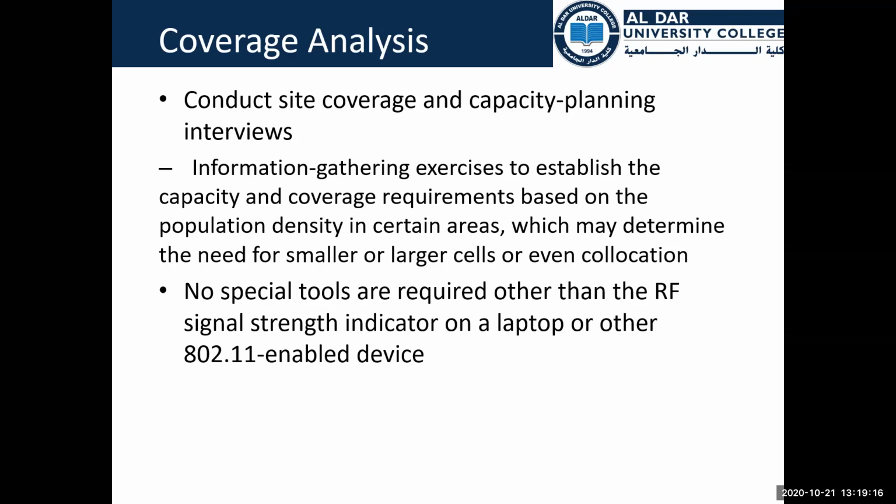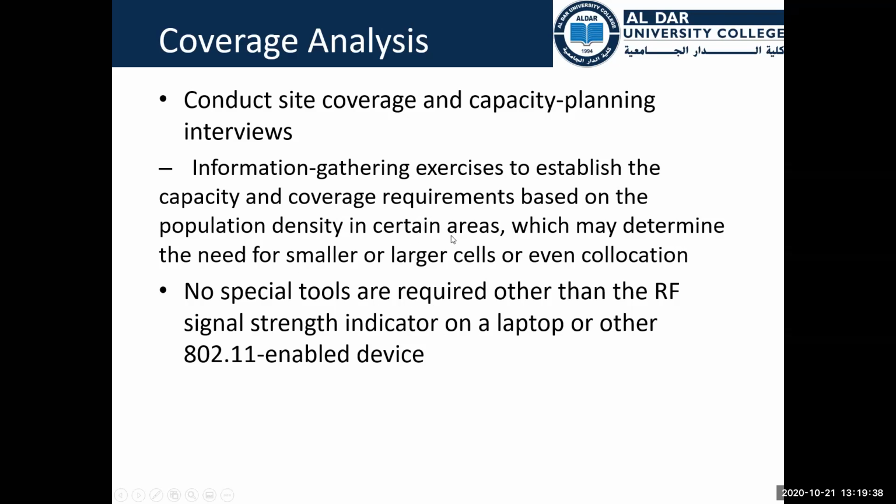Site surveys will not take much more time if you do good interviews and information gathering exercises to establish the capacity and coverage requirements based on the population density in certain areas.